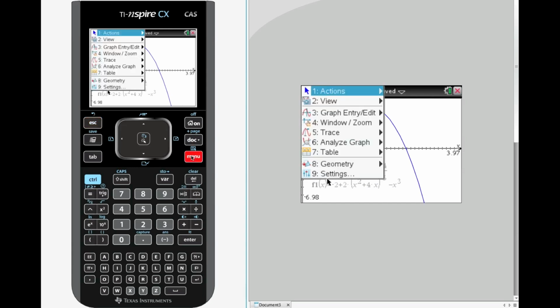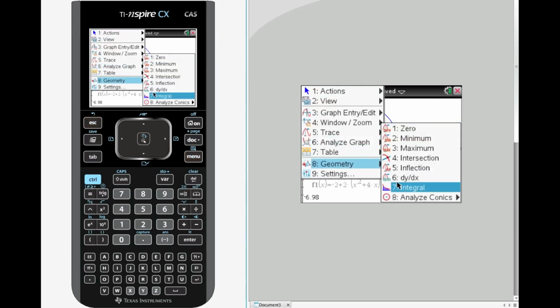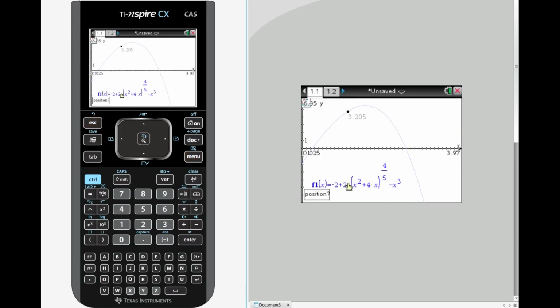You can hit Menu, Analyze Graph, look for dy dx, and that same menu is in any Texas Instruments calculator, even if you have an 83 or 84. It'll ask you for the position. Now, 83s and 84s won't ask you for that. You can just type in the number, though. We wanted to find the derivative at x equals 3. So just type in 3, hit Enter, and there is our f prime of 3.